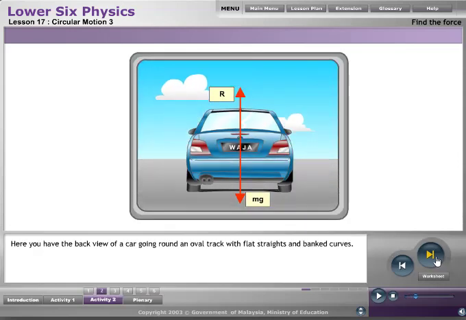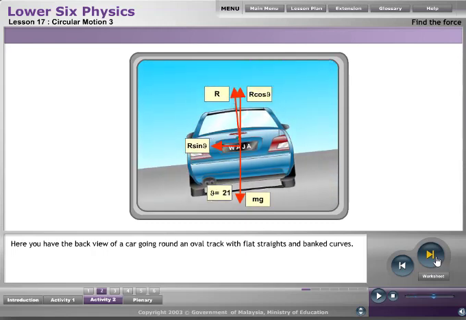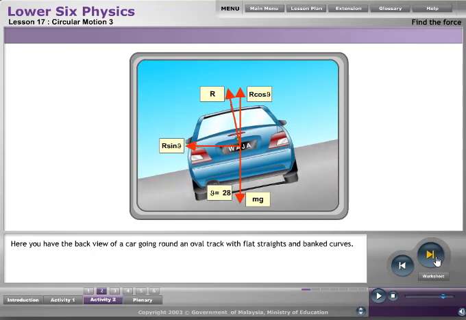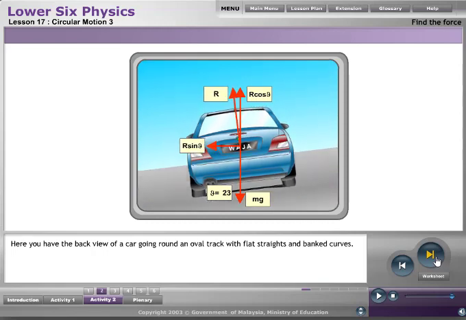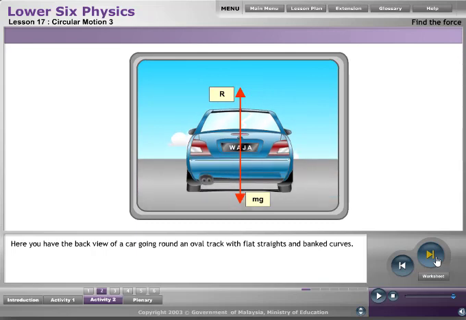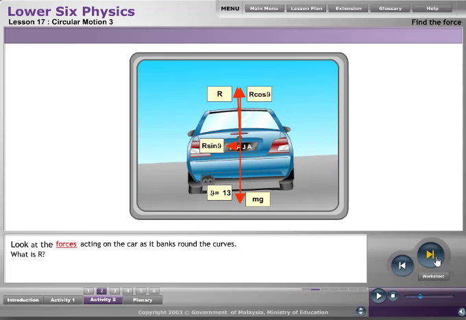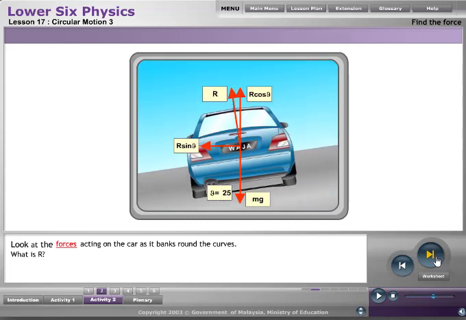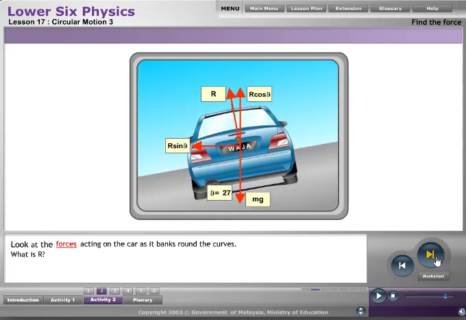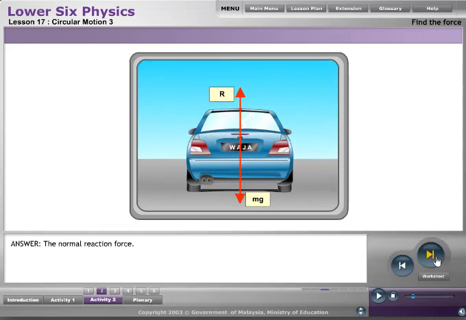Here, you have the back view of a car going round an oval track, with flat straights and banked curves. Look at the forces acting on the car as it banks round the curves. What is R? Answer: the normal reaction force.